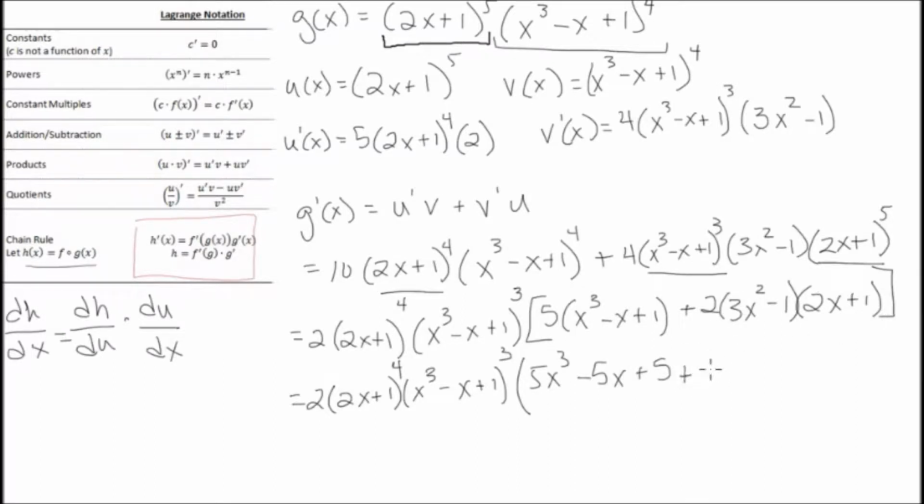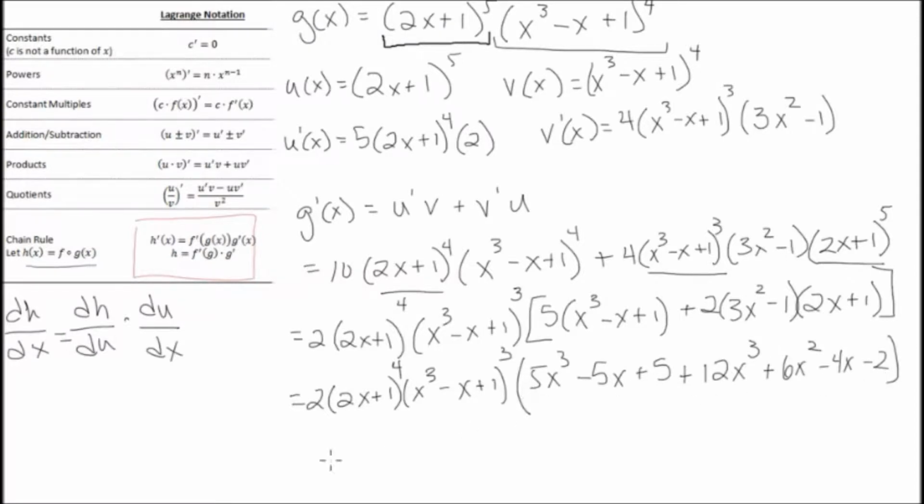I FOIL it out. I get 2 times, this would be 6x³, so that would be 12x³. I multiply that out, I get plus 6x². I do the inside of the FOIL. That would be minus 2x, so minus 4x. And then finally, that times that is -1 or just -2.